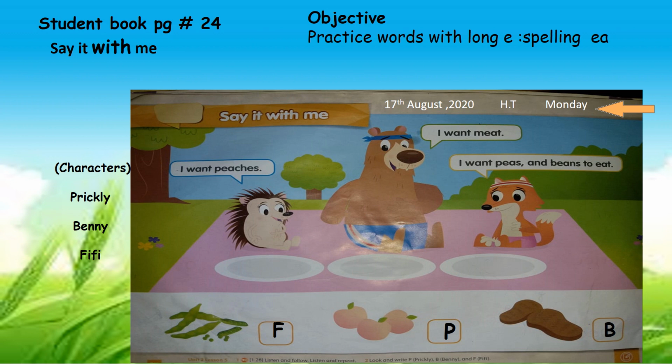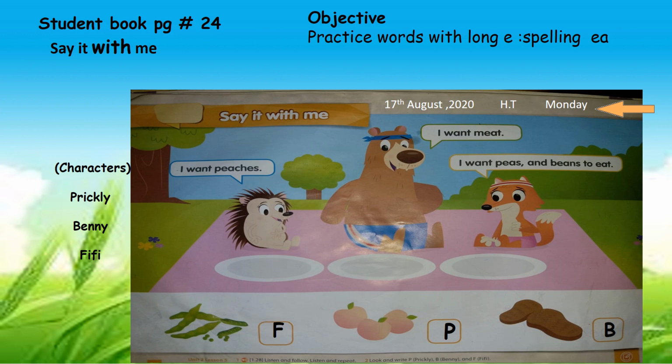Okay, now look at the next picture. What's that? Is that a fruit or a vegetable? Yes, you are right. This is fruit. Peaches. P-E-A-C-H-E-S. Peaches.